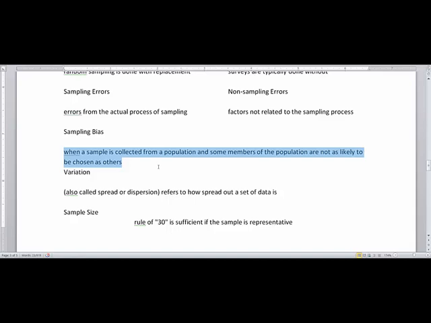Now, this is the first time we've heard of the word variation. Variation is a very common word in statistics, but if you hear the word variation or spread or dispersion, it really just refers to how spread out the data is. Data can have variation. We are actually going to look at a much more specific kind of variation called the standard deviation.